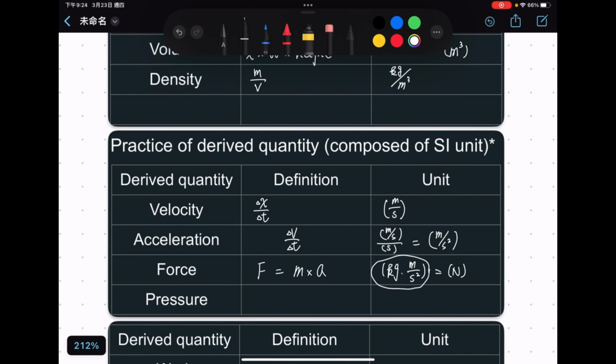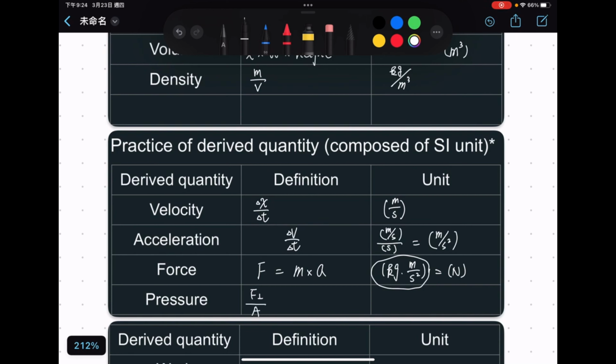Okay, so let's see the pressure. The pressure is a force applied perpendicularly on the surface of an object or substance per unit area. So here I will write down: force applied perpendicularly, per unit area.